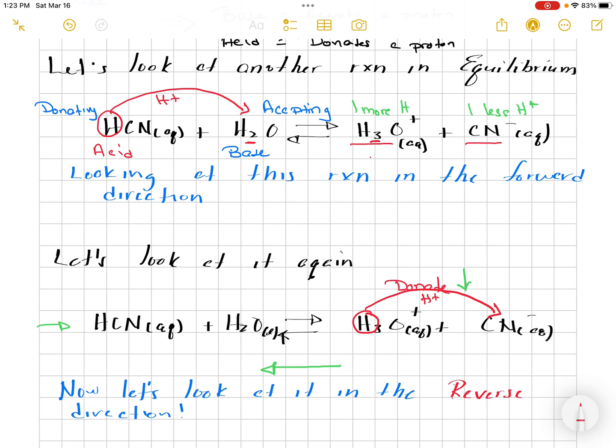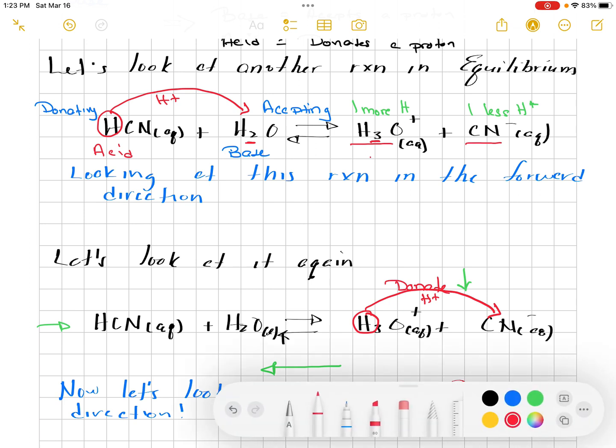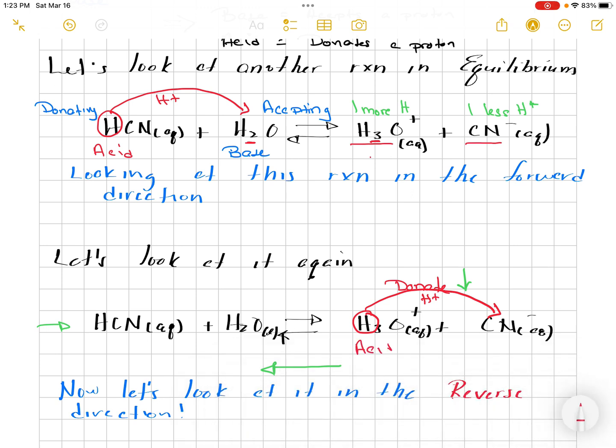So in this situation, the hydronium is acting as the acid, where over here it was the water acting as the base, remember? Now over here it's acting as the acid, and the cyanide that was once the acid over here is now behaving as a base because it's accepting that proton. I'm going to abbreviate that as accepting.